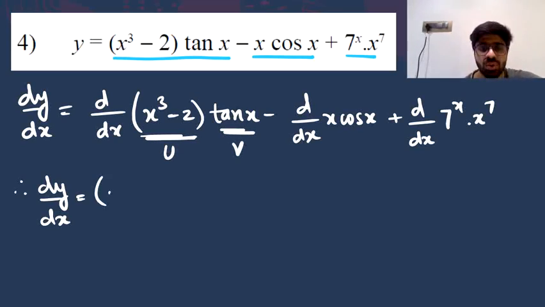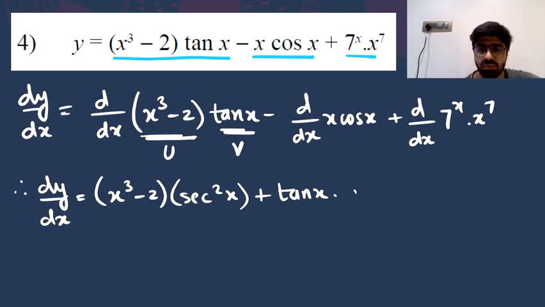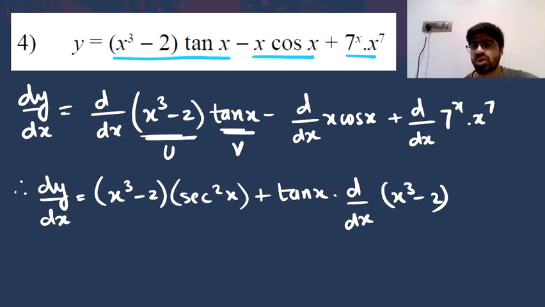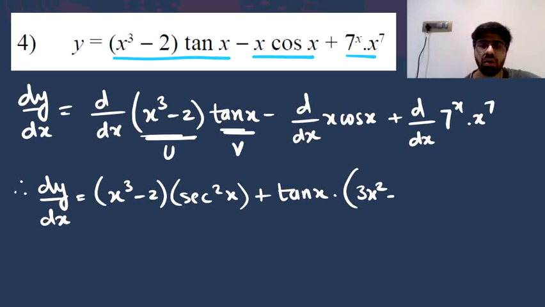So the derivative will be u into the d by dx of v, that is d by dx of tan x, which will be sec square x, plus tan x into d by dx of u, that is d by dx of x cube minus 2, d by dx of x cube, that will be 3x square, minus the derivative of 2. Derivative of a constant will be 0, so we have minus 0. So 3x square minus 0 will be 3x square only.